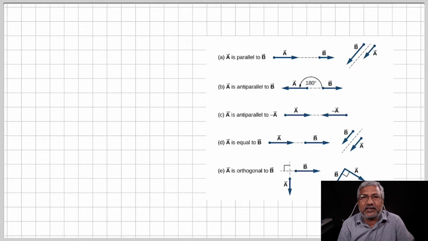So that's why it's given that A is anti-parallel to negative A. D, the two vectors are equal. So A is equal to B. And E, A is orthogonal to B because the angle between them is 90 degrees. So those are the many types of vectors that you could have.